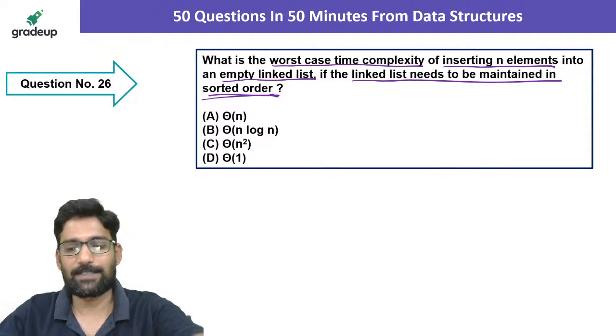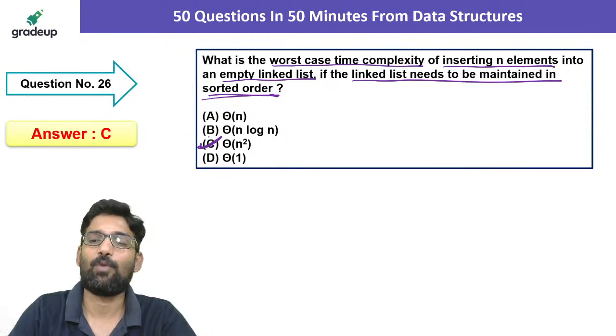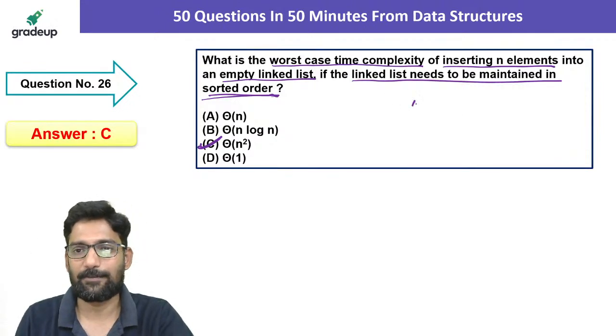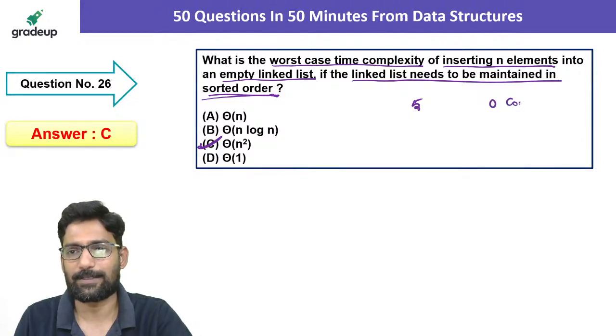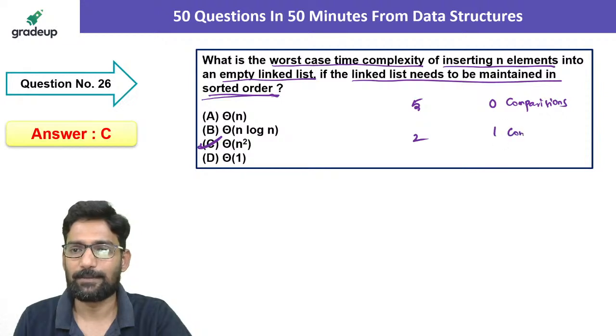Option A. Let's see. No, the right answer is option C. Why? Suppose you are inserting one element, let's say 5. Only one element, so 0 comparisons. Now let's say you are inserting 2. You compare 5 and 2, do one comparison, and swap them. Now the list becomes 2, 5.